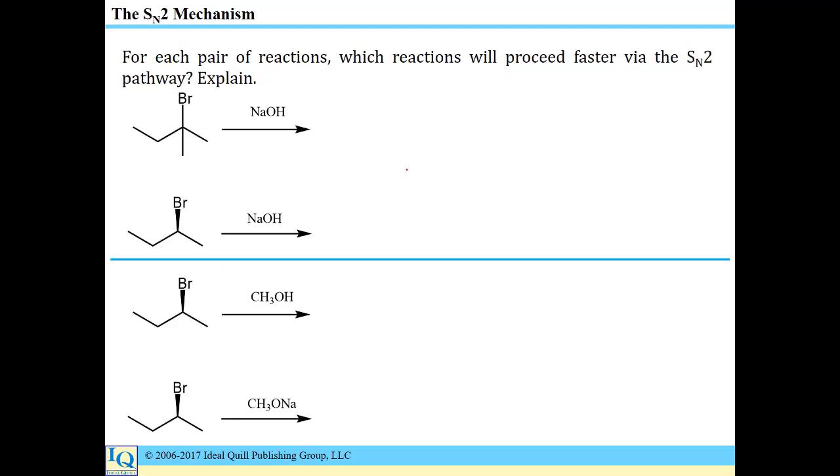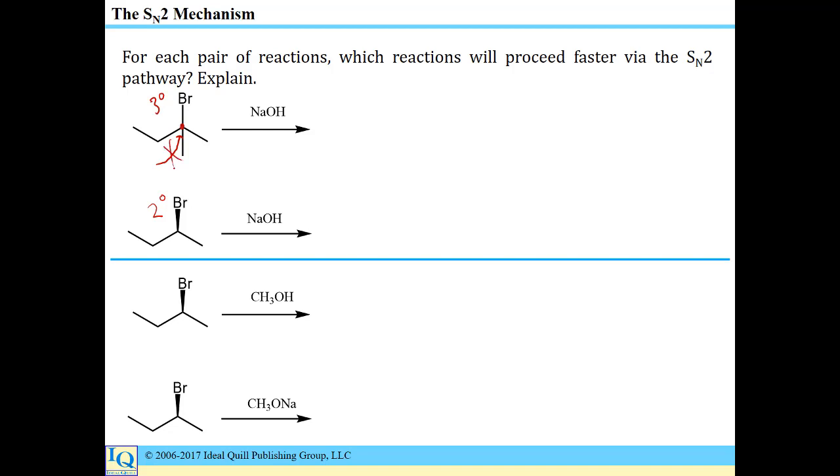Here we are given two pairs of reactions and we're asked which of the pair would react faster by an SN2 pathway. In the first case, the only difference is that we have a tertiary alkyl bromide for the first reaction and a secondary alkyl bromide for the second reaction. The SN2 reaction gets slower the more branches are present at the reaction site, because those branches will slow and hinder the approach of a nucleophile.